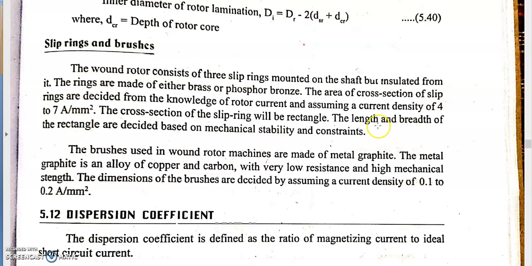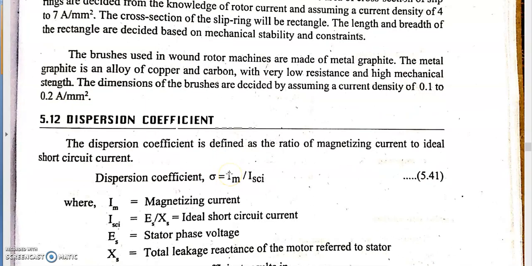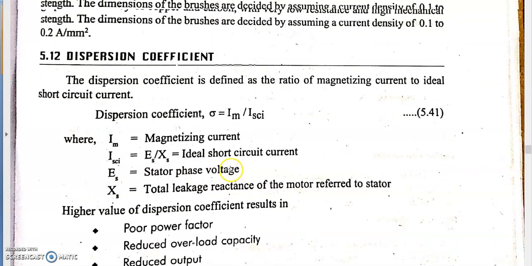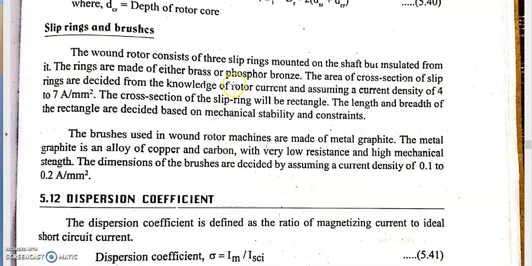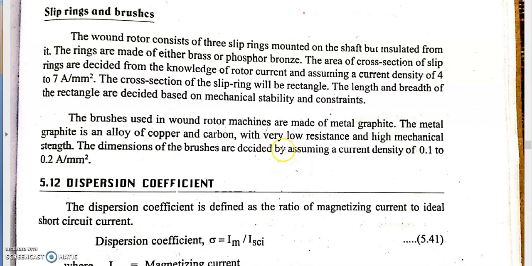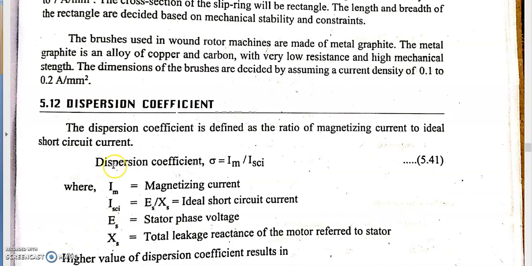For slip ring, the current density is 4 to 7 ampere per mm square, and for brushes it is 0.1 to 0.2 ampere per mm square. So the dispersion coefficient equation is this, Im by Isa.